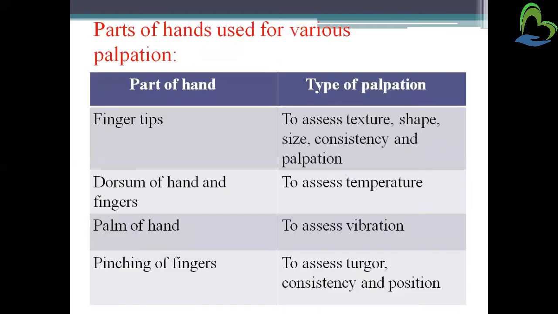Then what are the parts of the hand used for the various palpations? Your fingertips are going to assess texture, shape, size, consistency, and pulsation. The dorsum of the hand and fingers are used to assess temperature. The palm of the hand is used to assess vibration. Pinching with the fingers assesses turgor, consistency and position.